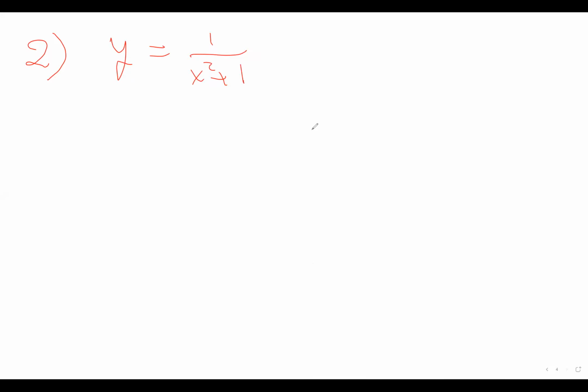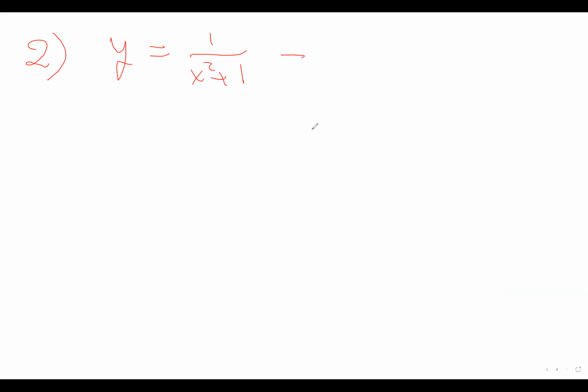The last example here is question number 2. Find, if we have y equal to 1 over x squared plus 1, then find the third derivative of this function. We will start, maybe we do the first and the second, and that's enough, okay?